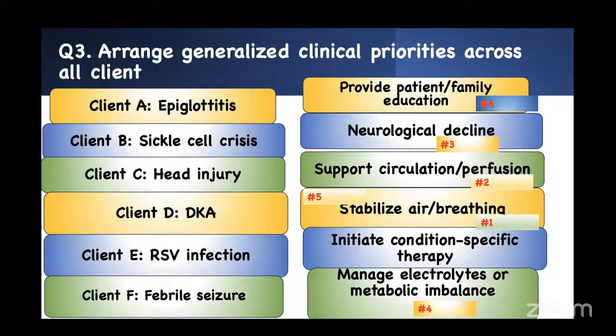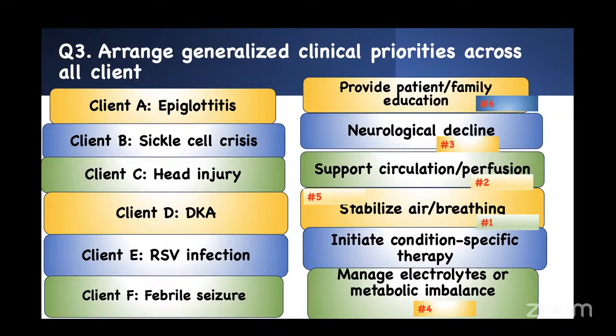Like the clinical priorities, what is your priority? Like the head injury, our priority is to prevent neurological decline. Diabetes patient, we want to manage the what? The metabolic issue that is going on and the electrolyte imbalance due to the sodium, potassium, and the associated metabolic condition. Sickle cell is a dehydration patient, and then they become hypotensive.